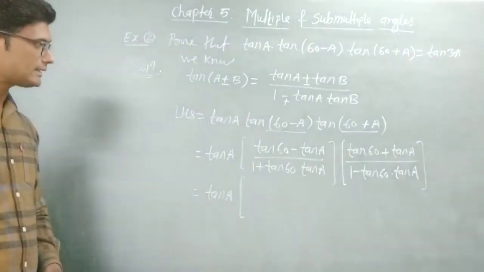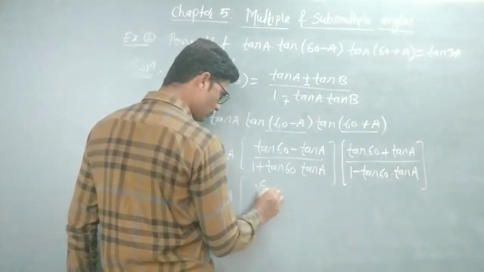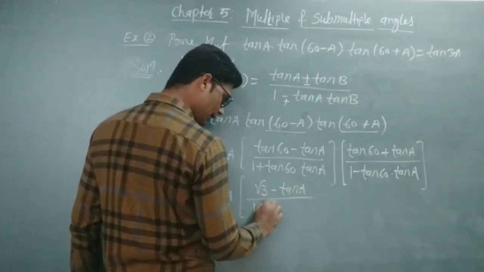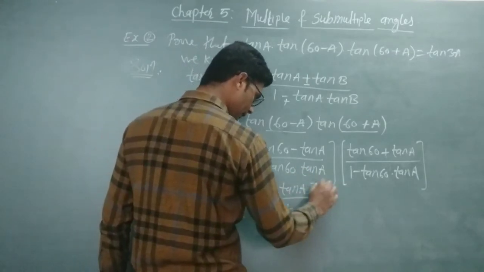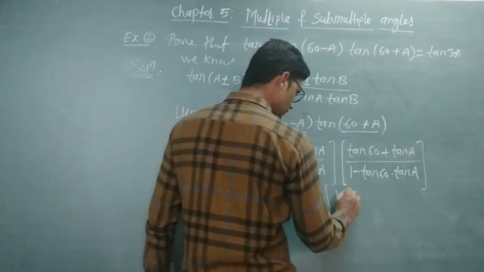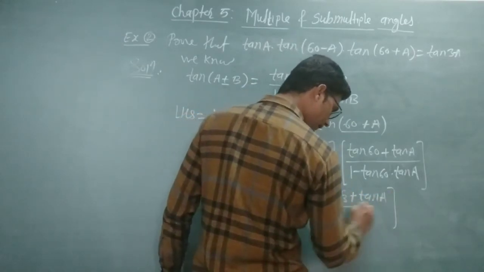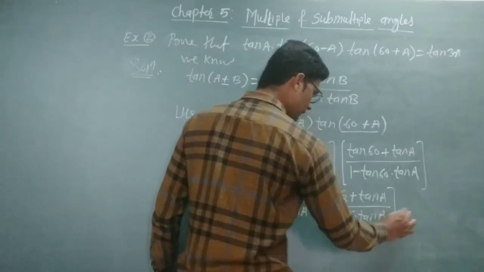Tan 60 is nothing but root 3, right? So this is root 3 minus tan A divided by 1 plus root 3 tan A, and this is also root 3 plus tan A divided by 1 minus root 3 into tan A.